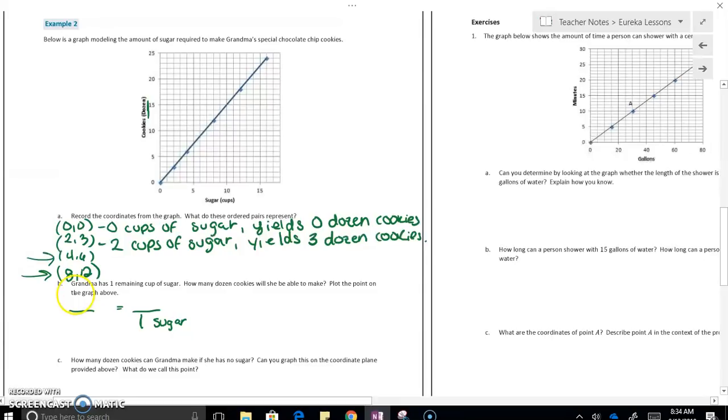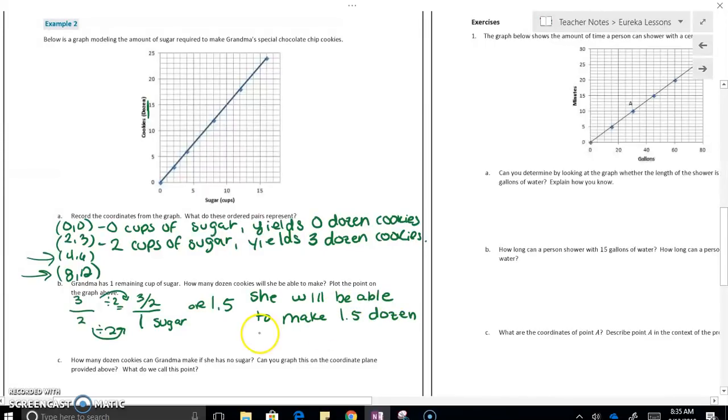We're going to take our points, 3 over 2, just divide it by 2, and you'll get 3 halves, or 1.5. She will be able to make 1.5 dozen cookies. Or you can say, we know 1 dozen is 12 and half of 12 is 6. So that means 18 cookies.